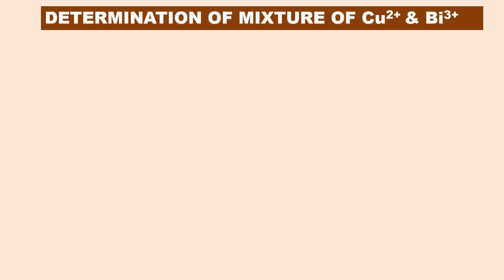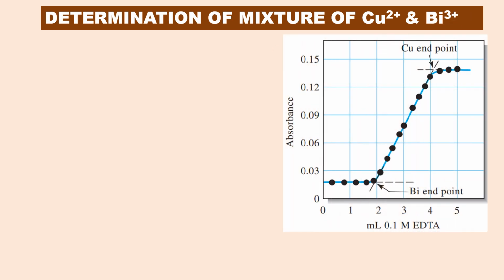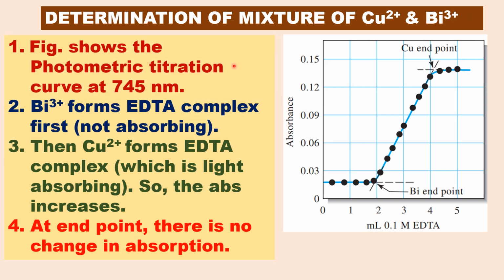Let us now determine the concentration in a mixture: determination of a mixture of copper 2+ and bismuth 3+. Using spectrophotometric titration, both the cations present in the mixture can be estimated.